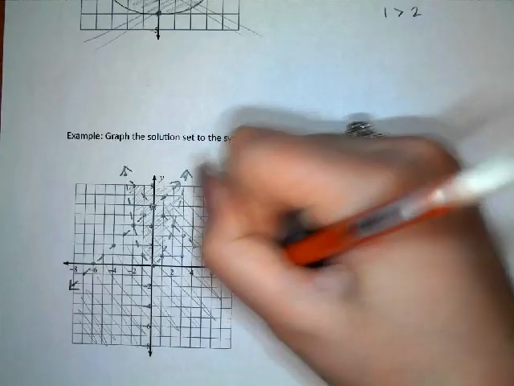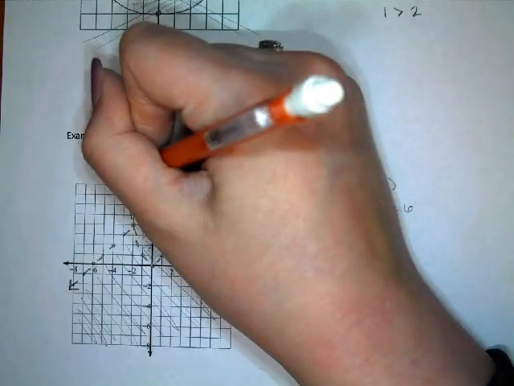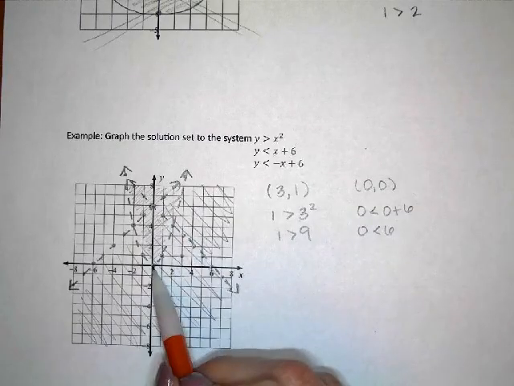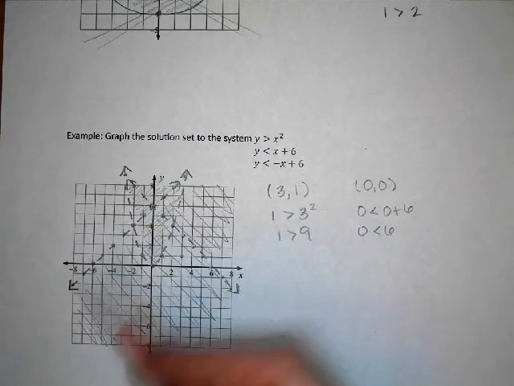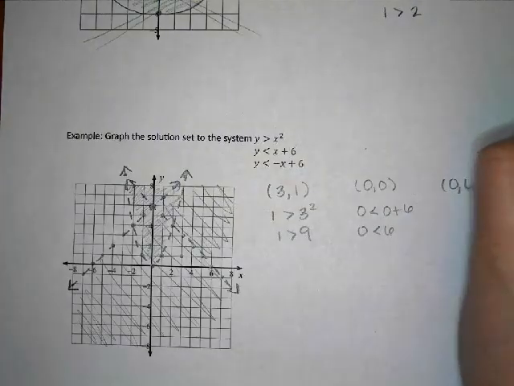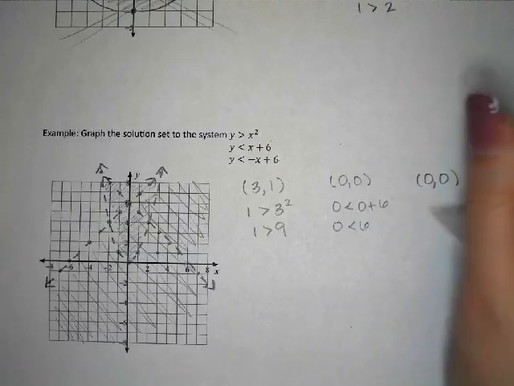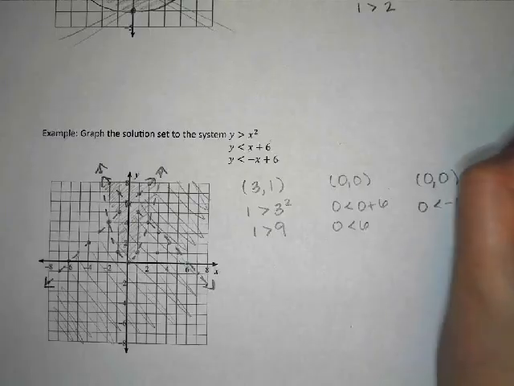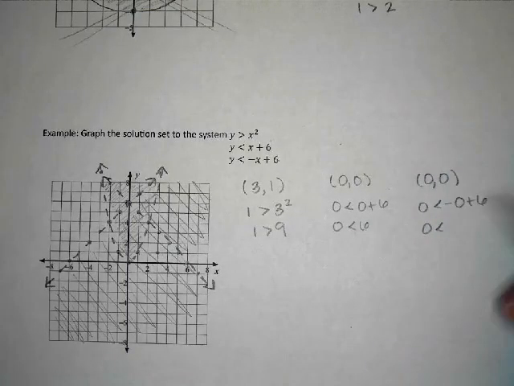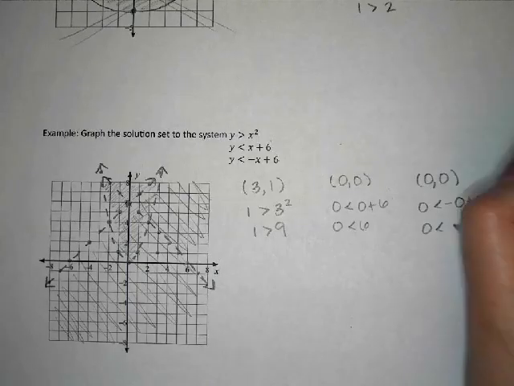And since (0, 0) is clearly on the bottom side of the line, I can go ahead and use that to see where my shading should be. Negative 0 is still just 0. So 0 is less than 6. And so for this line right here, I'm going to shade towards (0, 0).